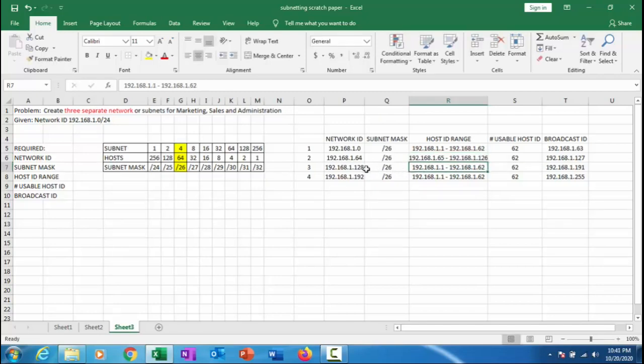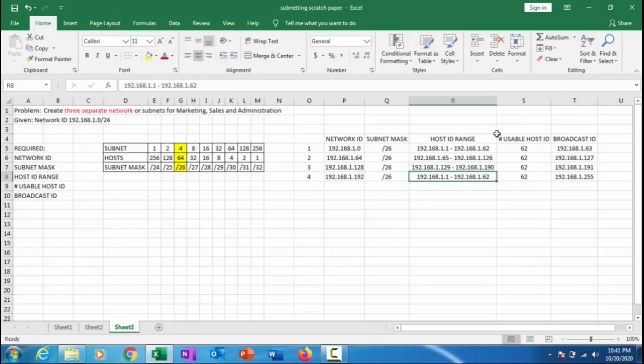Next one is 128 plus 1 is 129, up to 191 minus 1 is 190. And finally, just adjust this so that everything will be clearer.